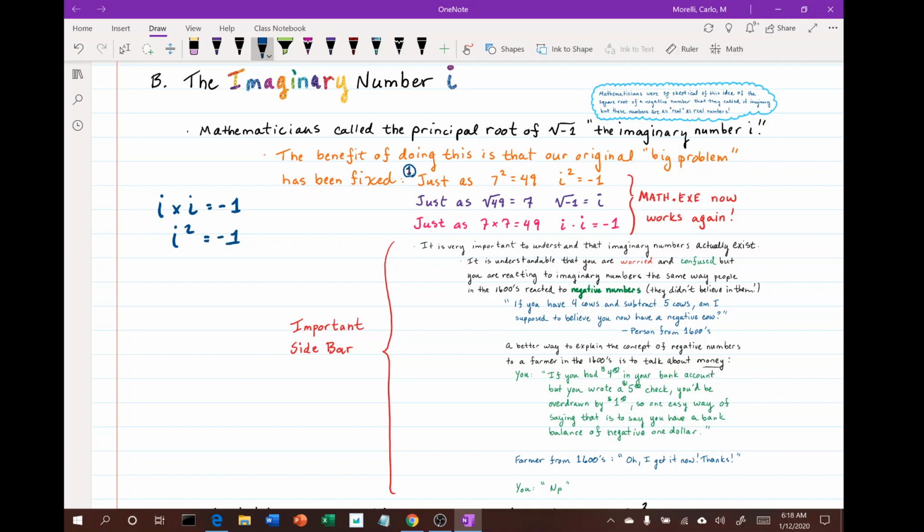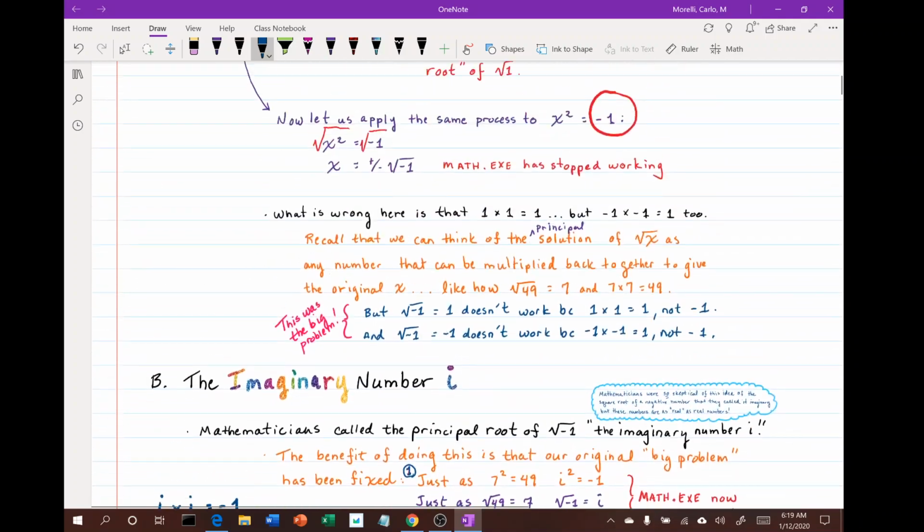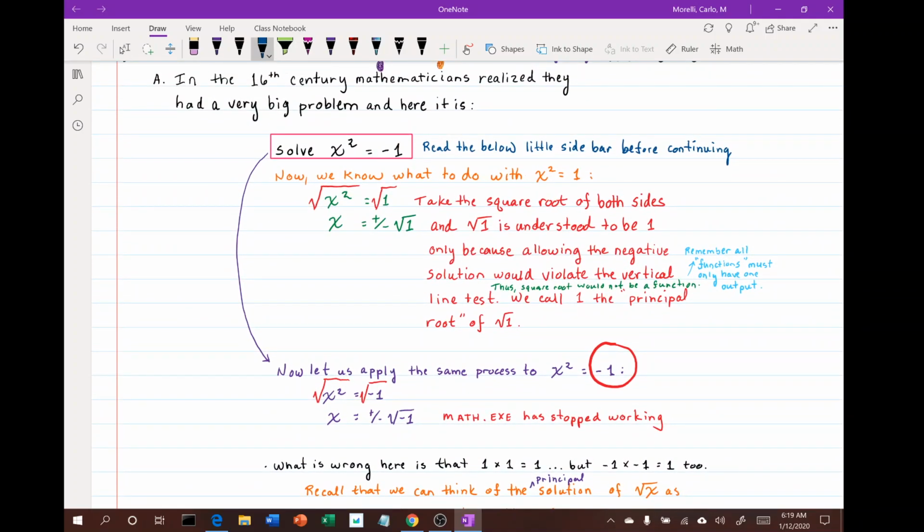Which means if I wanted to solve for i, I could take the square root of both sides, and I'd have i equals the square root of negative 1. Bingo. So this is the solution to our situation that we were facing up here. And we just replaced x with i.